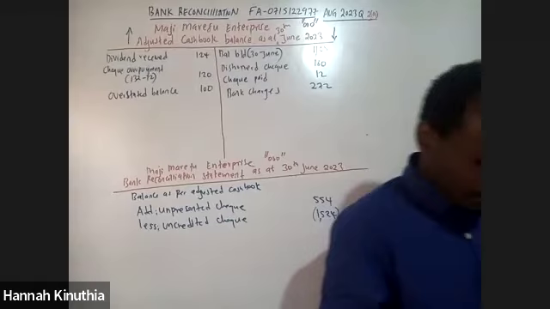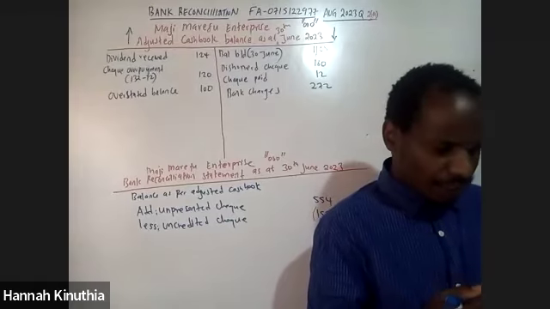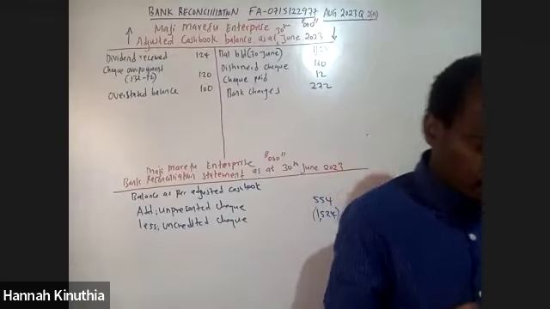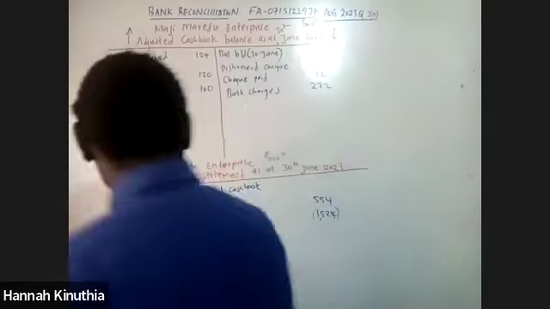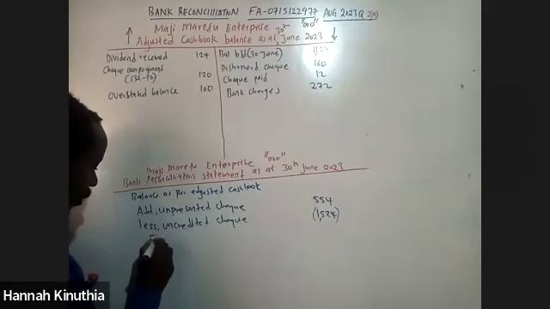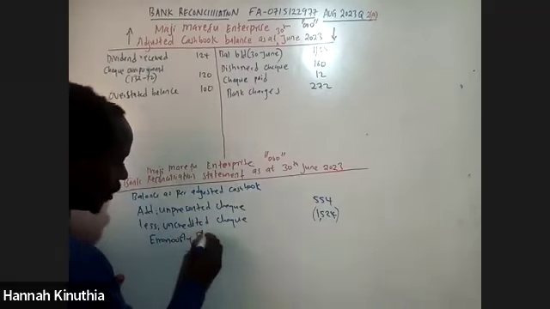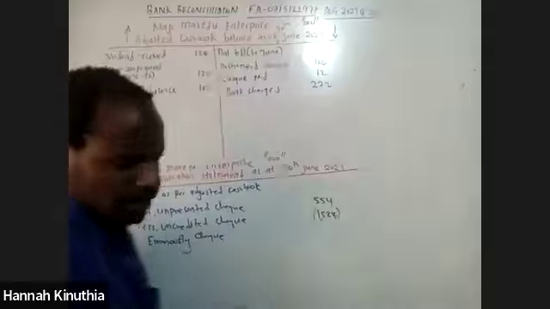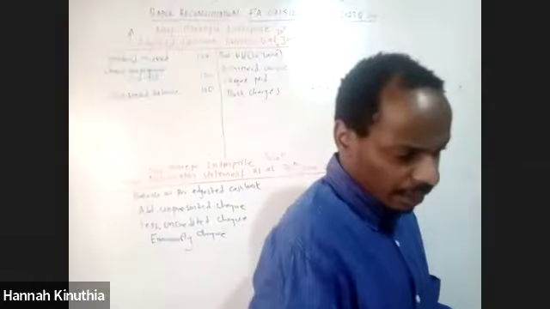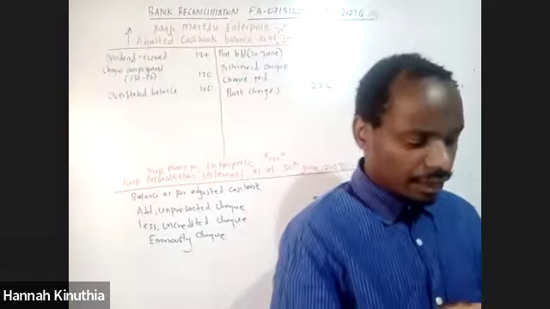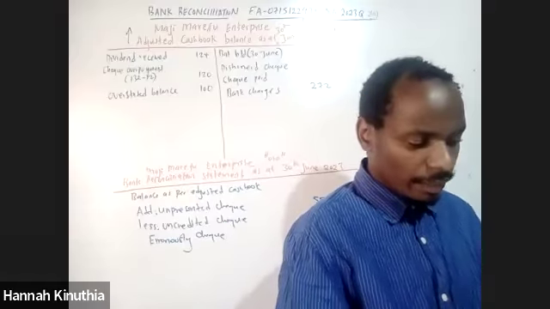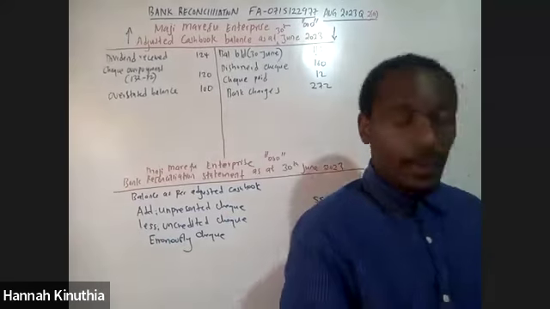And then a check of 50 has been erroneously debited. So an erroneous check, we said that's an error. An erroneous check goes on this side, because it affects the bank statement. So it says a check of 50 has been erroneously debited in the bank statement. If it was debited, it means it increased our account.